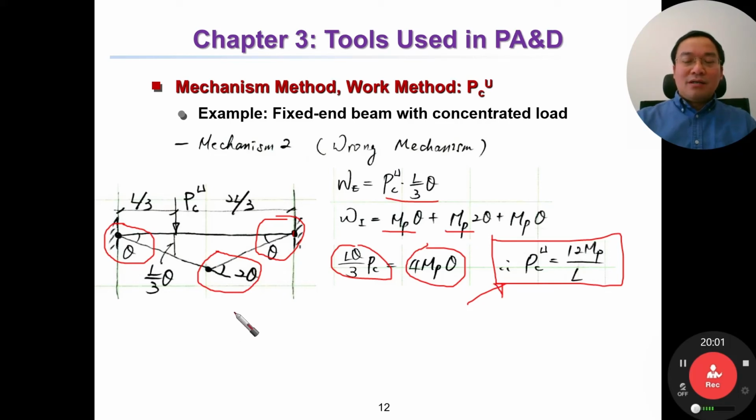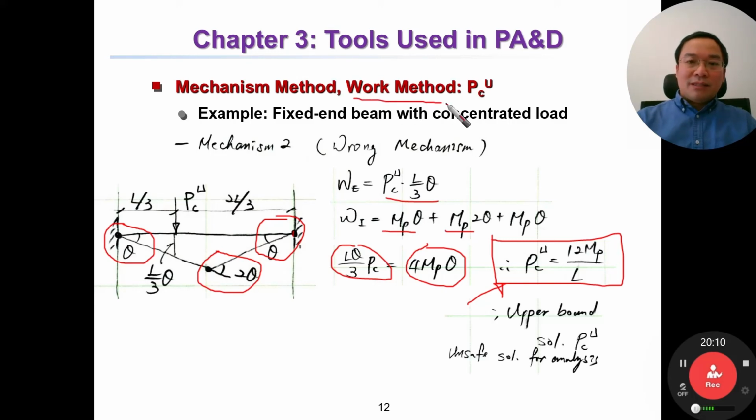It means if we use the work method and assume a wrong mechanism, then we will find the upper bound solution. U means upper bound solution. Upper bound means if we select a wrong mechanism, then the solution will be higher than the correct solution. That is important.